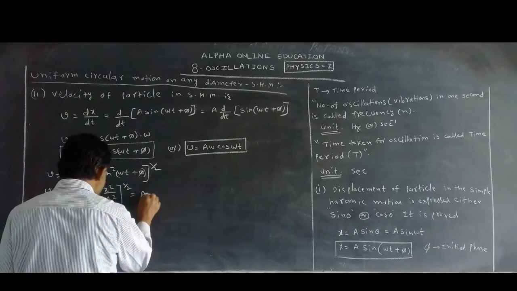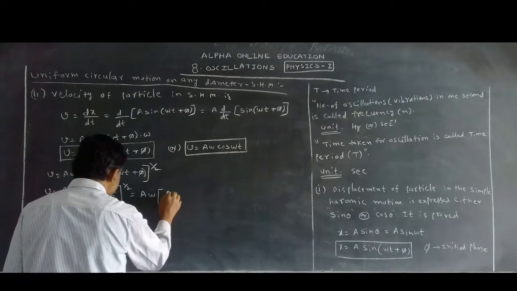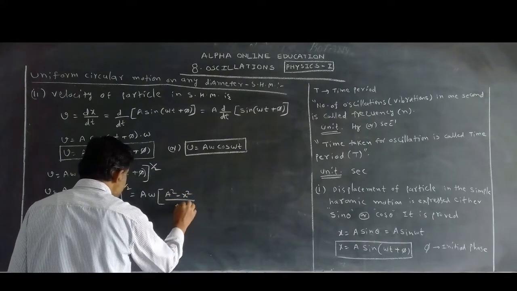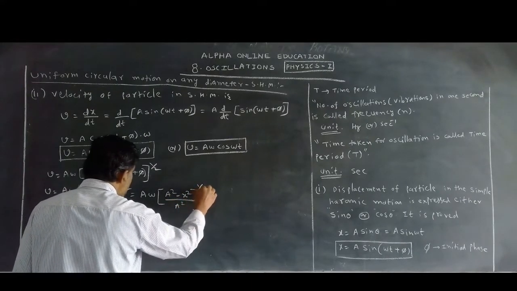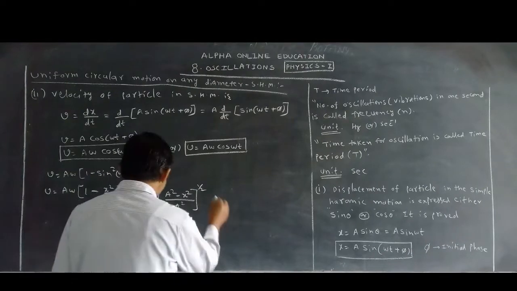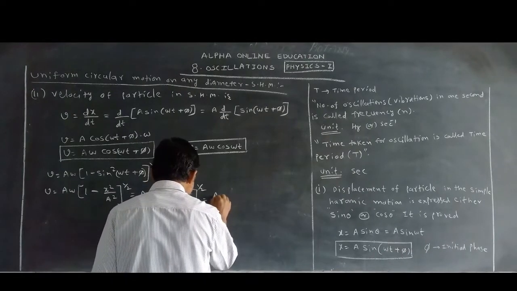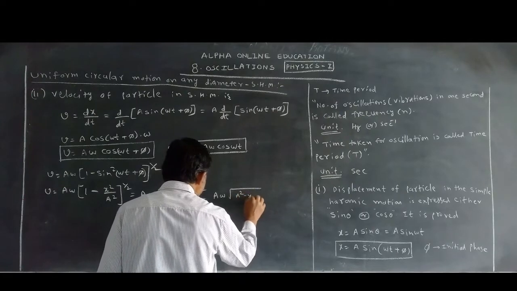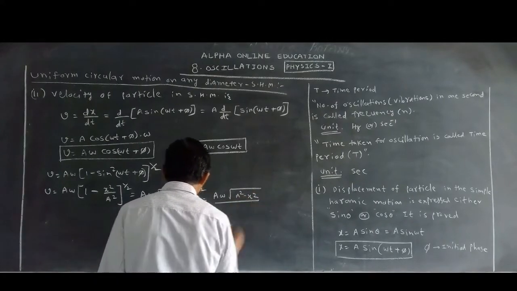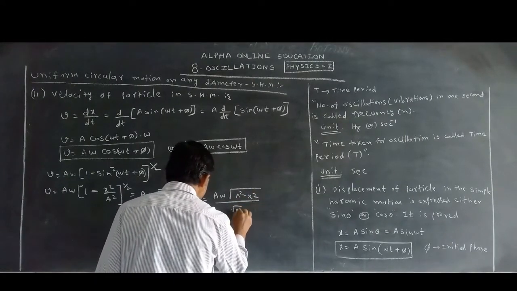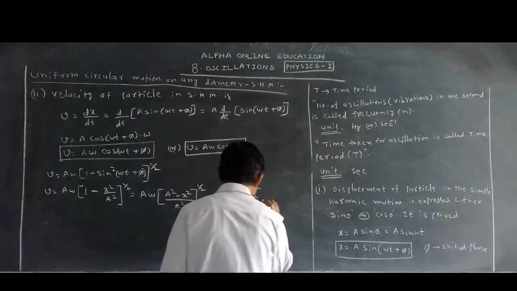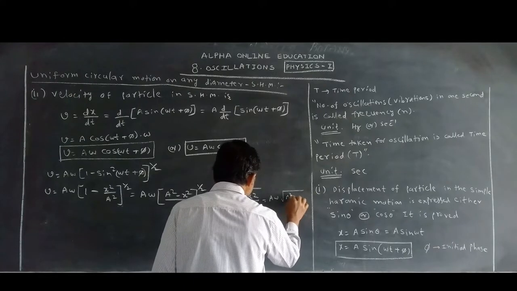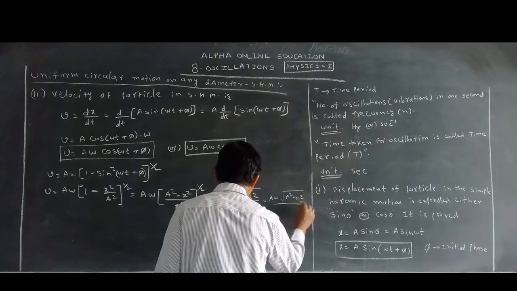Now a omega into a square minus x square by a square, whole power half. Now we can write this as a omega root of a square minus x square by root a square.